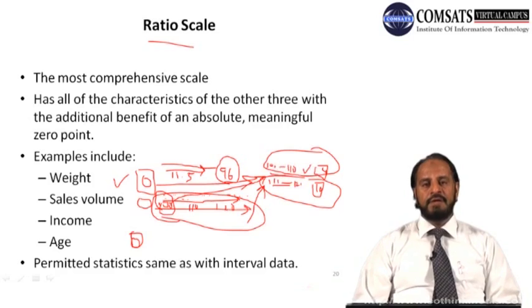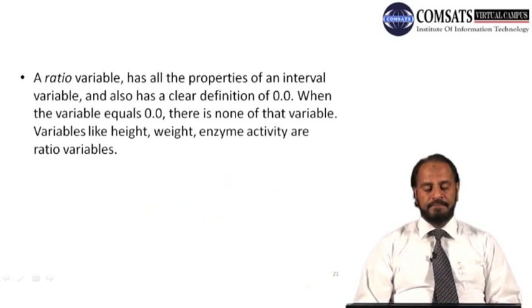It has the ability to do all the kinds of analysis done by the other scales, such as interval, rank ordinal, or the nominal scale. So this scale provides us more information.